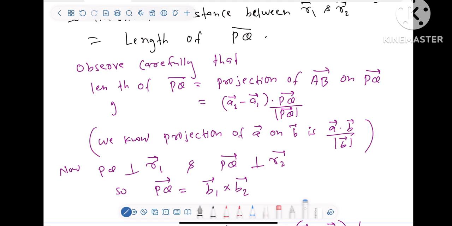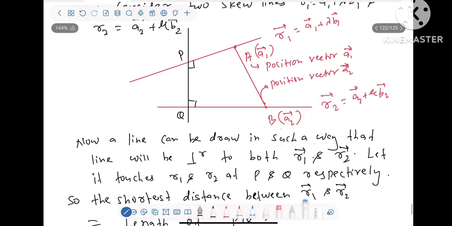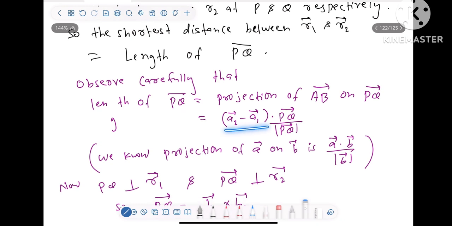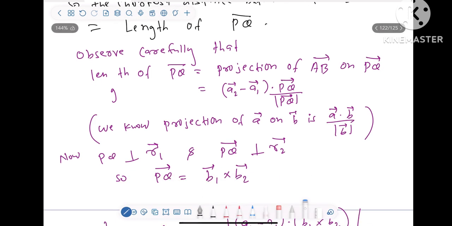The projection of the AB vector is a2 minus a1, along the PQ vector divided by the magnitude of PQ. Where does this formula come from? It comes from the projection concept. We know that the projection of vector a on vector b is a dot b divided by the magnitude of b.